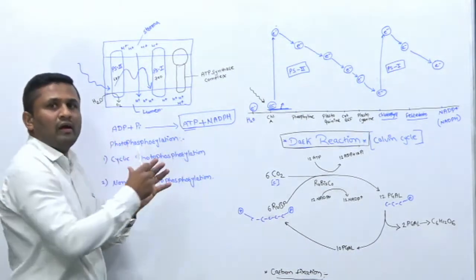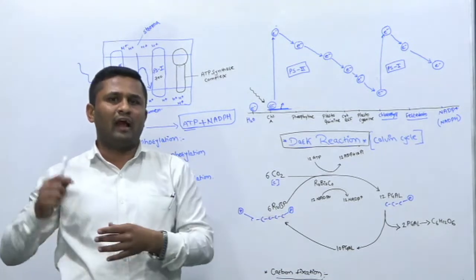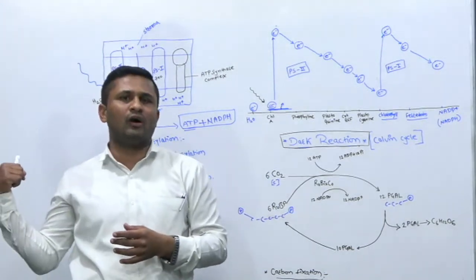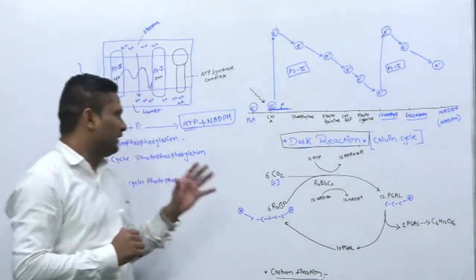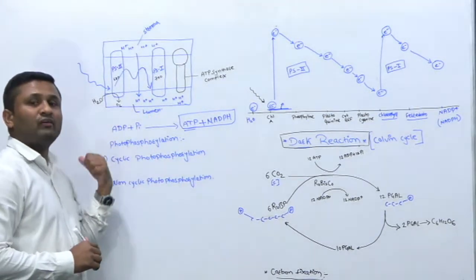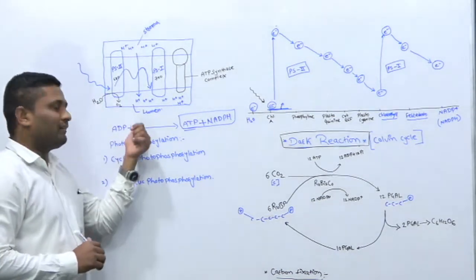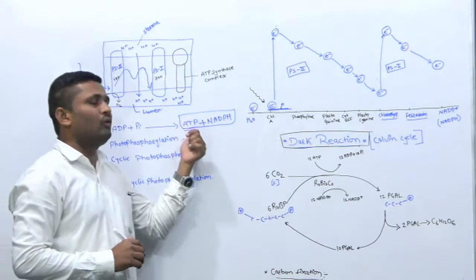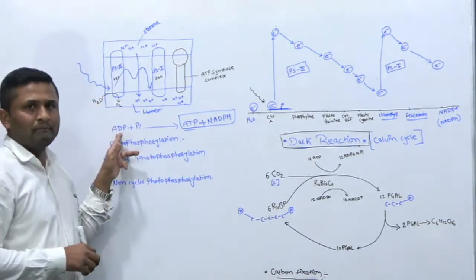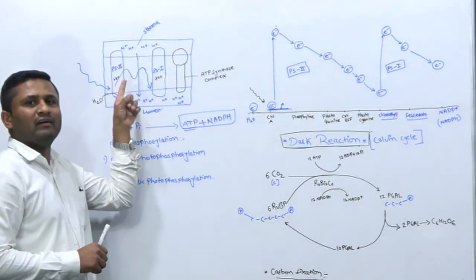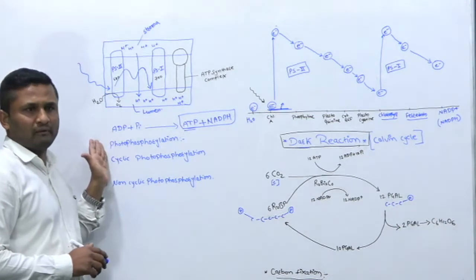So addition of phosphate group is phosphorylation, and this is happening due to the photon, and that's why it is called photophosphorylation. One inorganic phosphate is getting added to ADP, and this ADP is getting converted into ATP, due to the energy coming from photons. So it is called photophosphorylation, right?